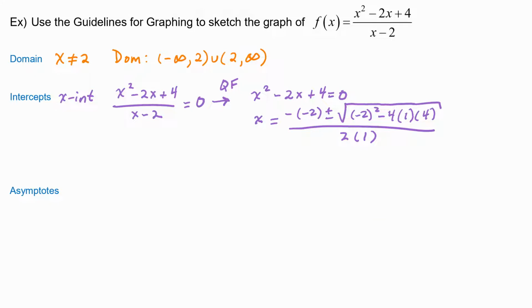Now, if we look inside this square root, we have 4 minus 16, which of course is negative. You cannot take the square root of a negative, so therefore there are no roots.